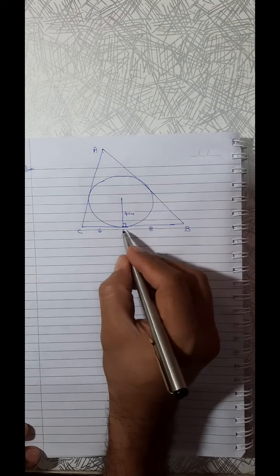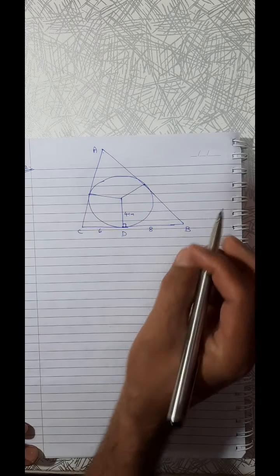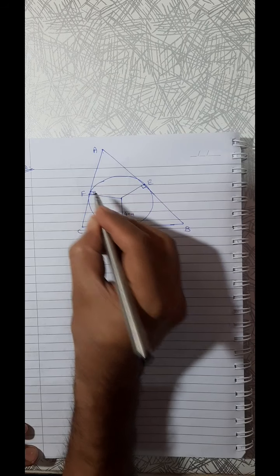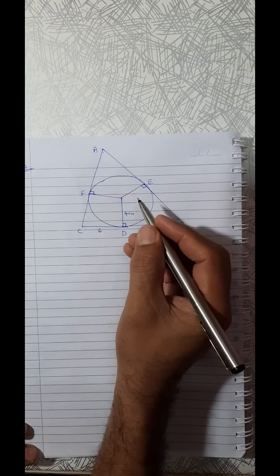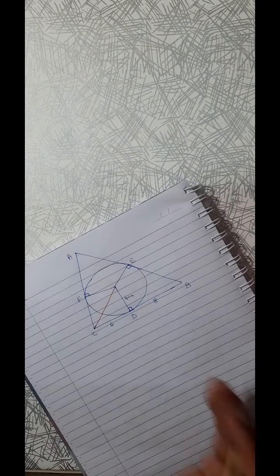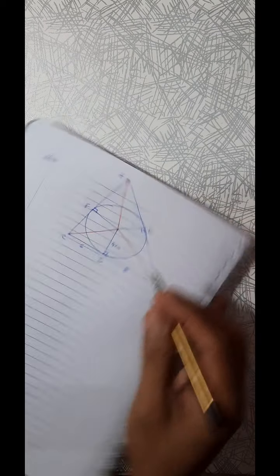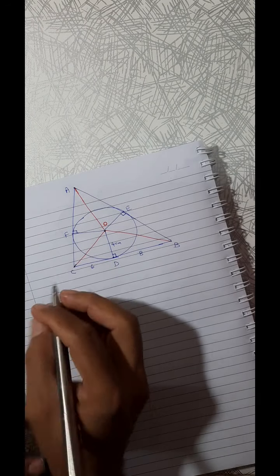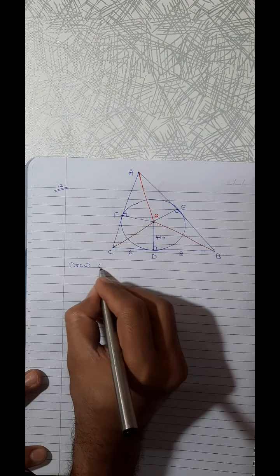Just as D is a point of contact, join the points of contact E and F as well with the center; all these are 90 degrees.